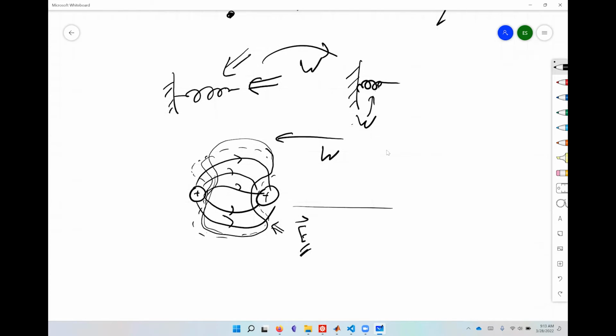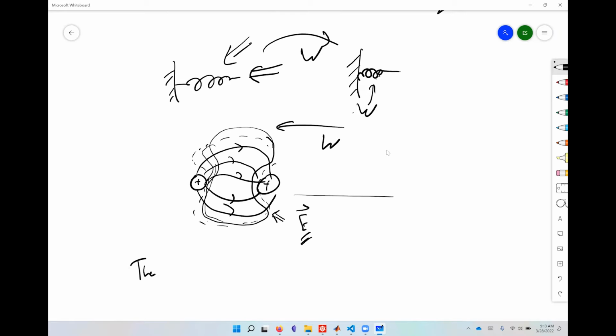Yeah, by the way, the field also carries momentum, right? But this is something that we're not going to study in this course, but it's not just energy. The field, the electromagnetic field, is a complete physical system, dynamical system.